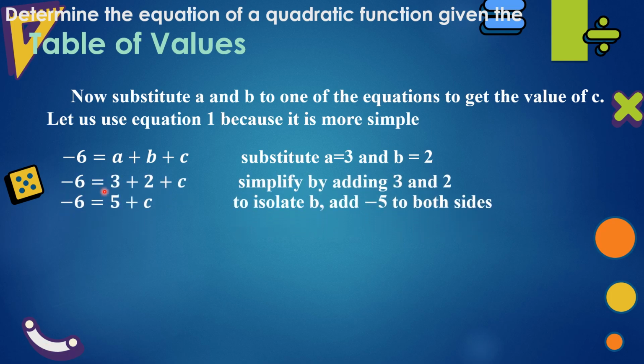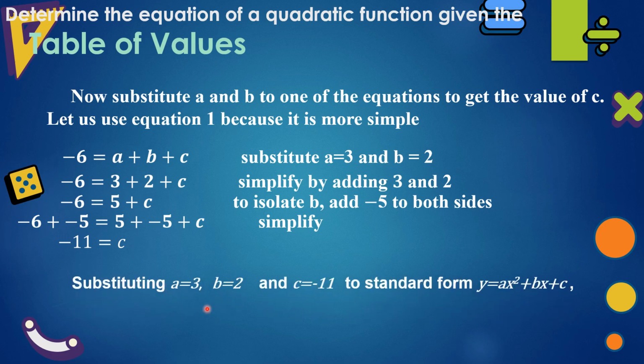Negative 6 is equal to 3 plus 2 plus c. 3 plus 2 is 5. Subtract 5 from both sides or add negative 5 to both sides so that we will get c. 5 plus negative 5 is 0. And negative 6 plus negative 5 is negative 11. So that is our c.